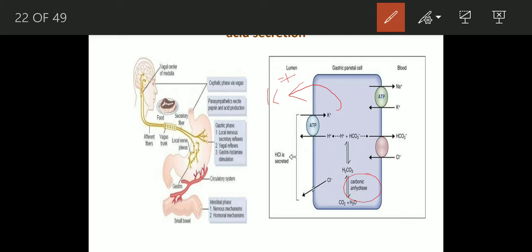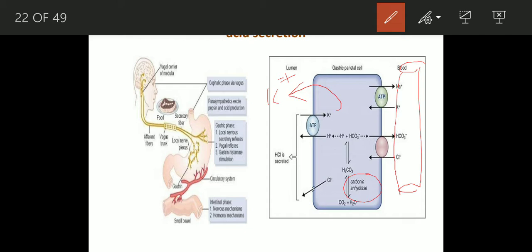One H plus came, but you want the Cl minus also. This Cl minus is coming from the blood, where it is exchanged with bicarbonate. Along with the H plus, there is bicarbonate cleaved from the carbonic acid. This bicarbonate is on the basolateral side.